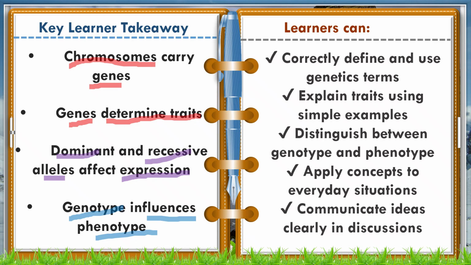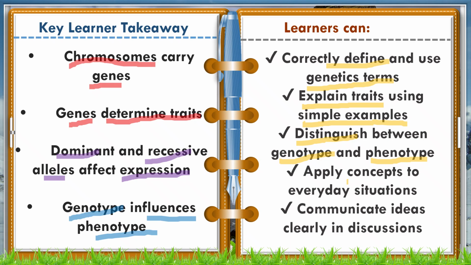By this time, now the learners can, one, collectively identify and use genetic terms. The learner can explain traits using simple examples. The learner can distinguish between a genotype and a phenotype.